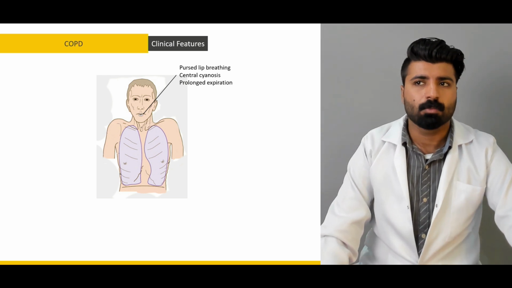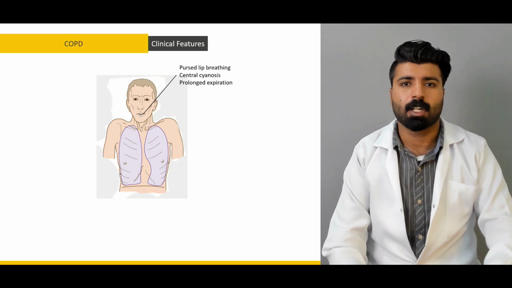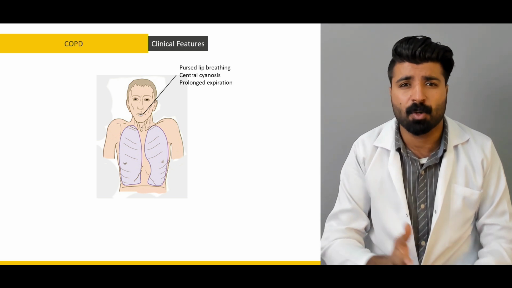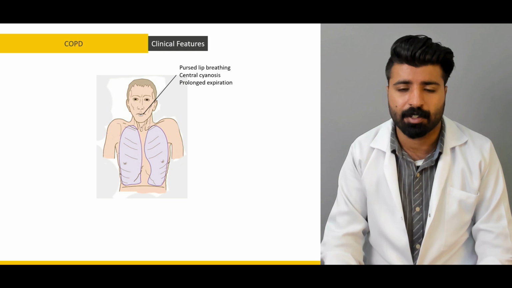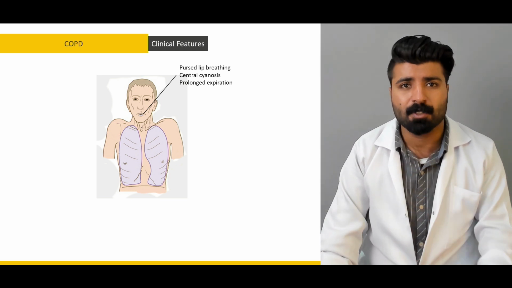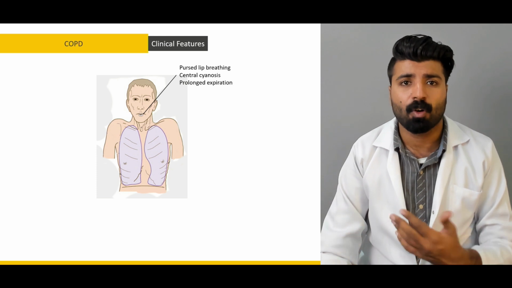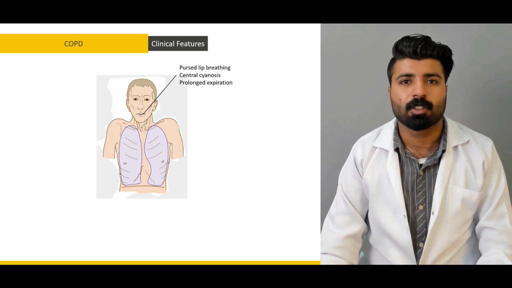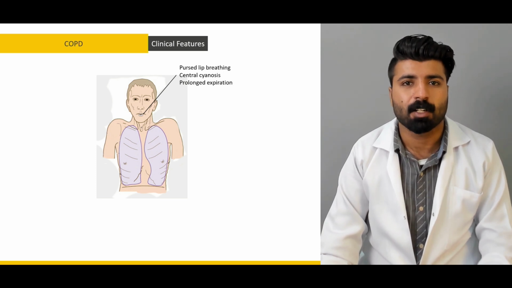There's no exchange happening in some places, and some exchange is happening at some places, so there will be cyanosis. Blood is not completely oxygenated. And then prolonged expiration, because you're doing that pursed lip thing. It will take a lot of time for you to breathe out that air while taking care of the walls of the respiratory epithelium, so that they don't collapse.